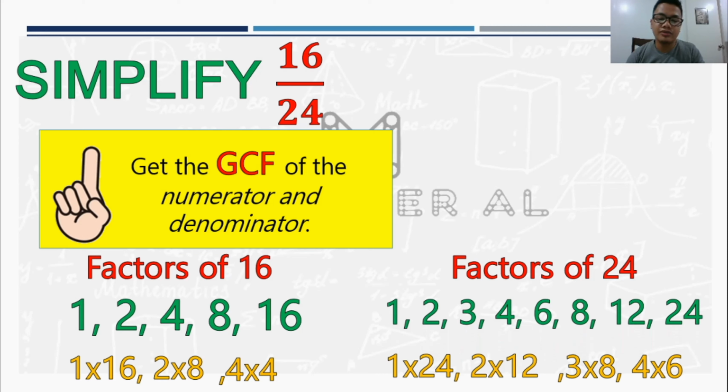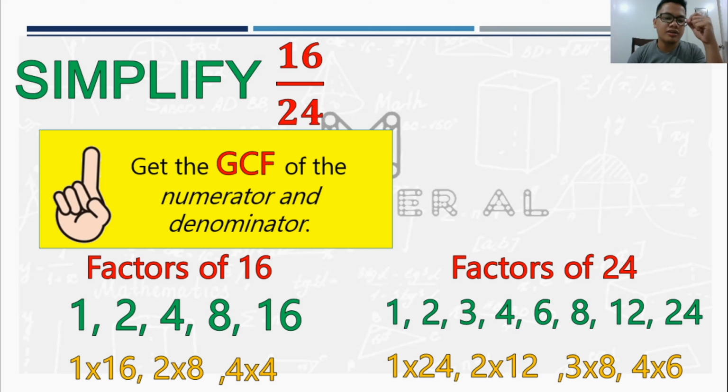As you can see, we have a lot of common factors, but we're after the greatest, the highest. So I'd like you to look for the highest or greatest common factor in 3 seconds. 1, 2, 3.